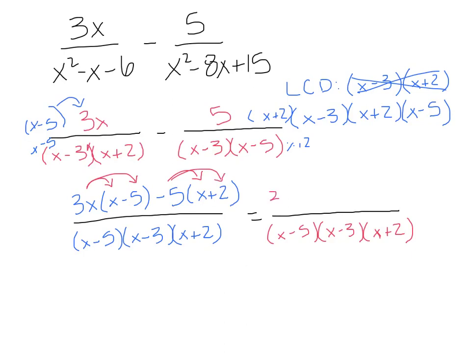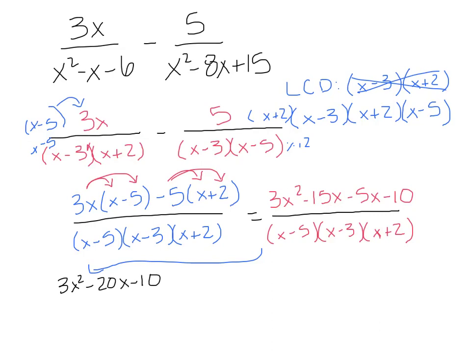I'm going to have 3x squared minus 15x minus 5x minus 10. Alright, I'm running out of space. Let's see. I'm going to come over here. Simplifying the new numerator, I get 3x squared minus 20x minus 10 over that big giant least common denominator.